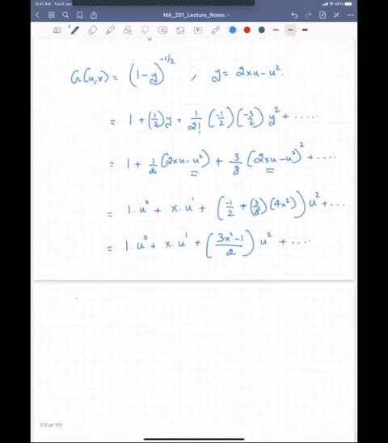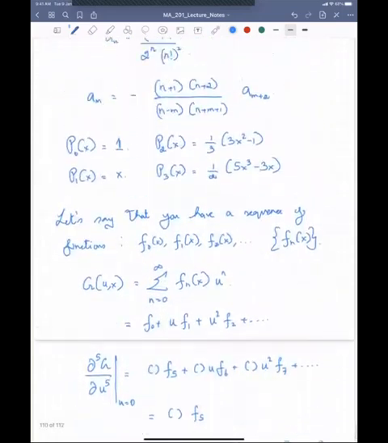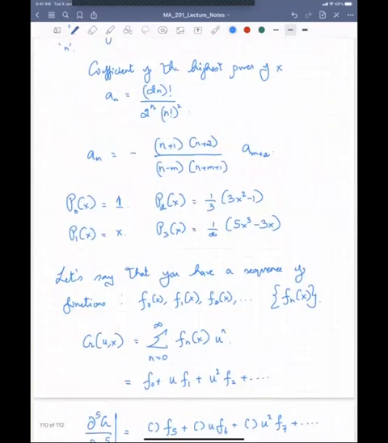And you can see the pattern emerging. G of u comma x, if you compare to the polynomials that we wrote down, p0 is 1, p1 is x, p2 is, I made a mistake here, so this is 1/2. Okay. And so on and so forth. So this G, at least for the first 2 or 3 terms, seems to have the right form, right? So it certainly seems to reproduce the first few Legendre polynomials.